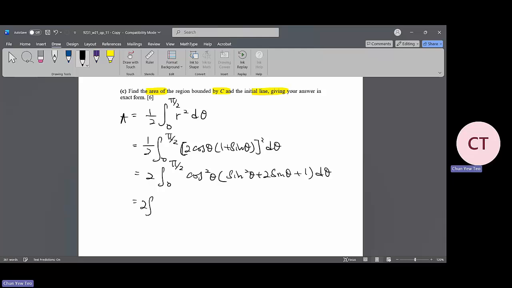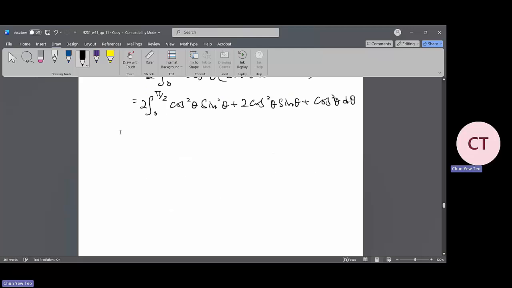Oh, so this is not easy because you expand them, you get 3 different types of trigo to integrate. And these 3 different types of trigo need 3 different methods to integrate.